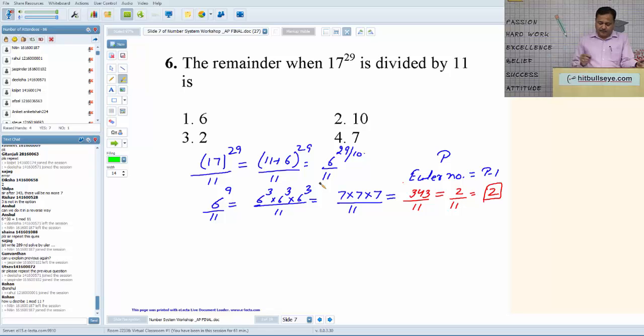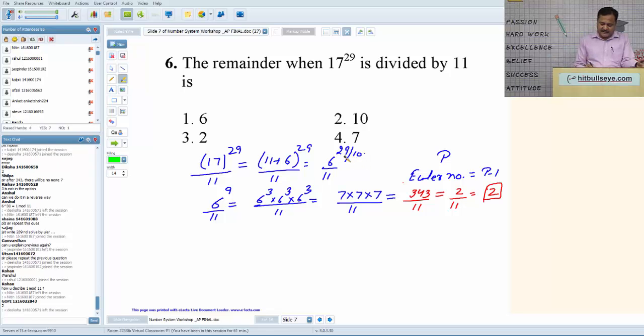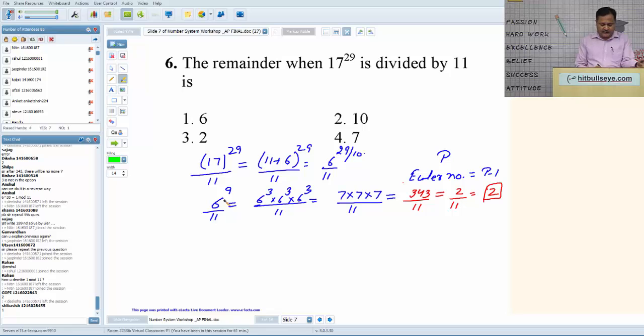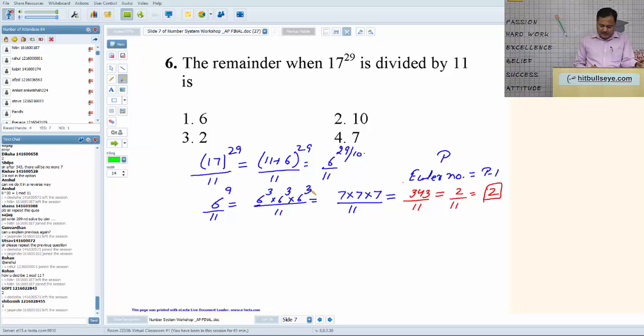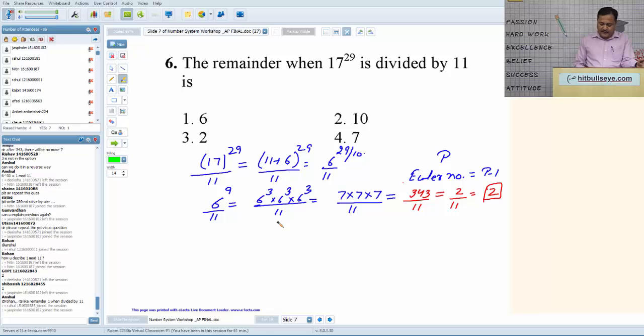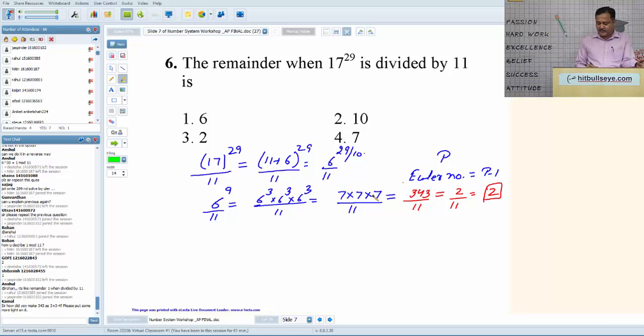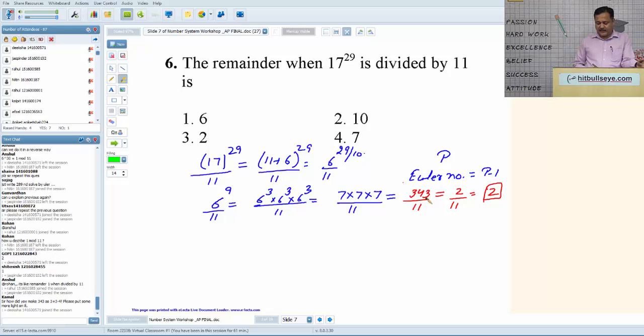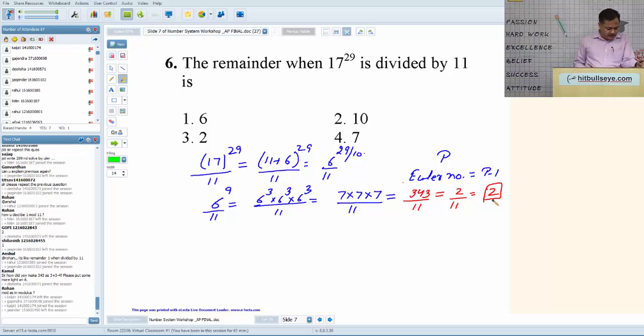Now we divide the power by the cyclicity. 29 by 10, remainder would be 9. So 6 raised to power 9 can be written as 6 cube into 6 cube into 6 cube. So 6 cube is 216, and 216 by 11 we will see using the divisibility rule of 11, that is 6 plus 2 minus 1, 7. So 7 into 7 into 7 comes out to be 343 by 11, which is 2 by 11. So remainder would be 2.